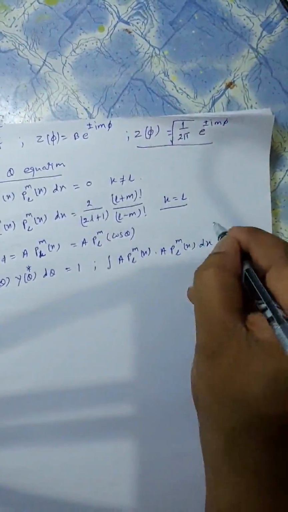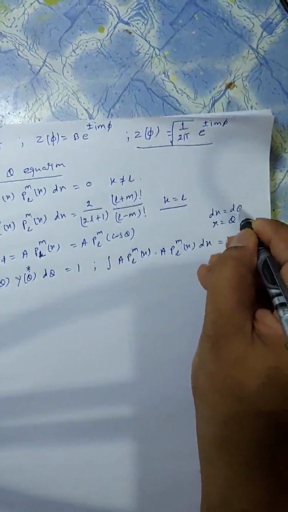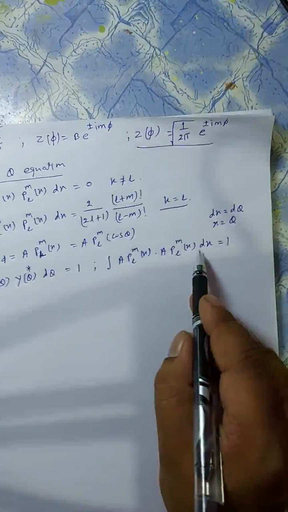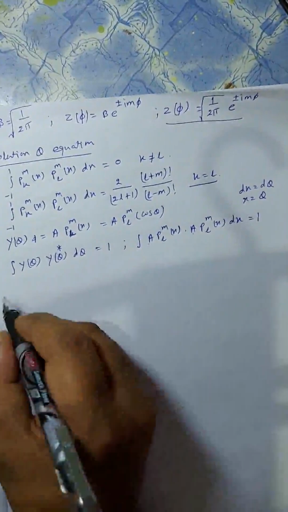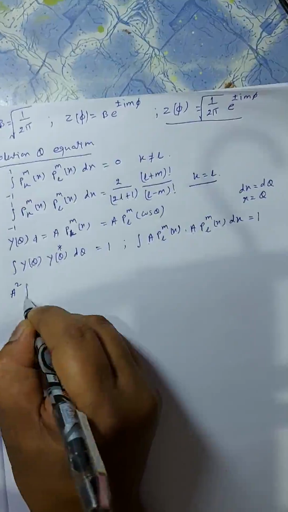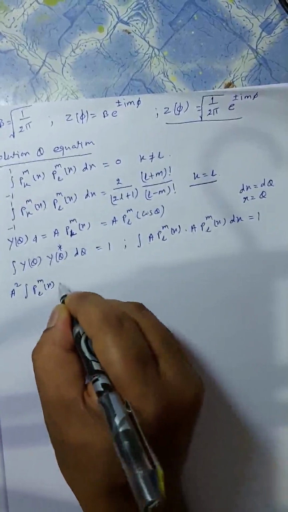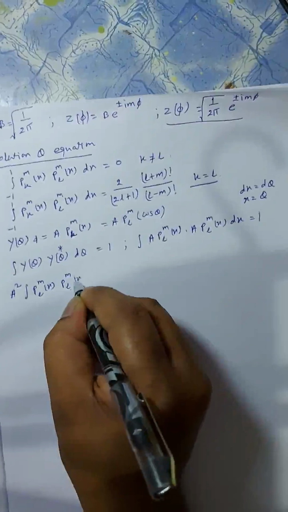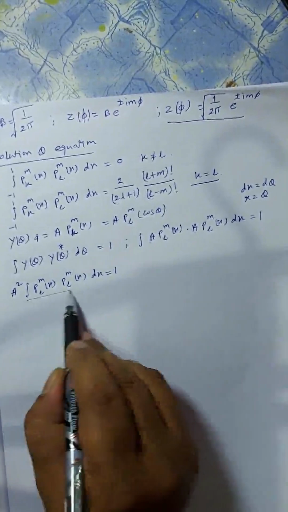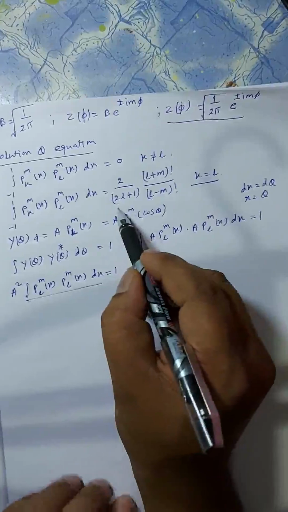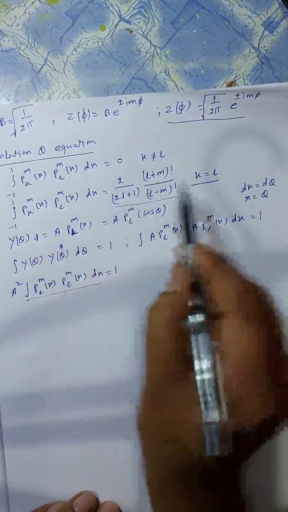Now x is equal to theta, then dx is equal to d theta. In place of d theta, I write dx. This is a, this is a, it becomes a squared. I take it outside, it is a constant. Then the integral of P_l^m(x) squared dx is equal to 1. This value is the same as the earlier value, because in place of k I write l, because k is equal to l.